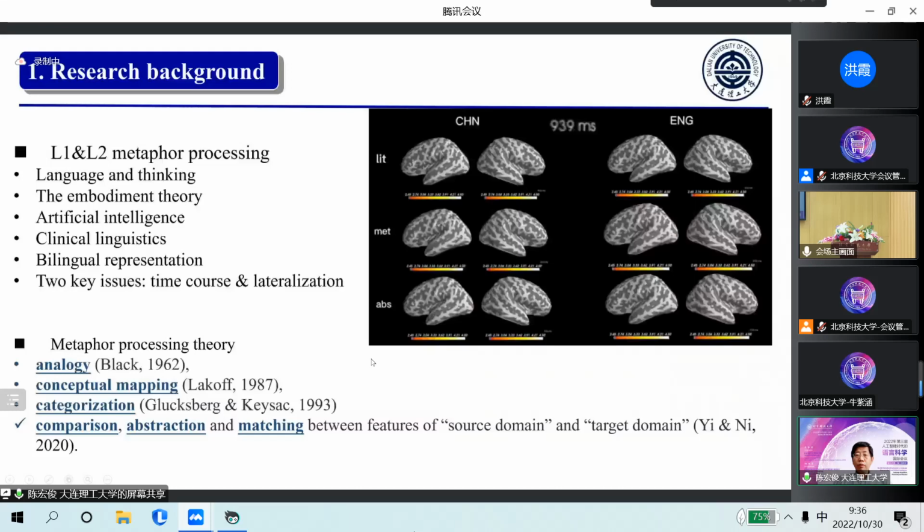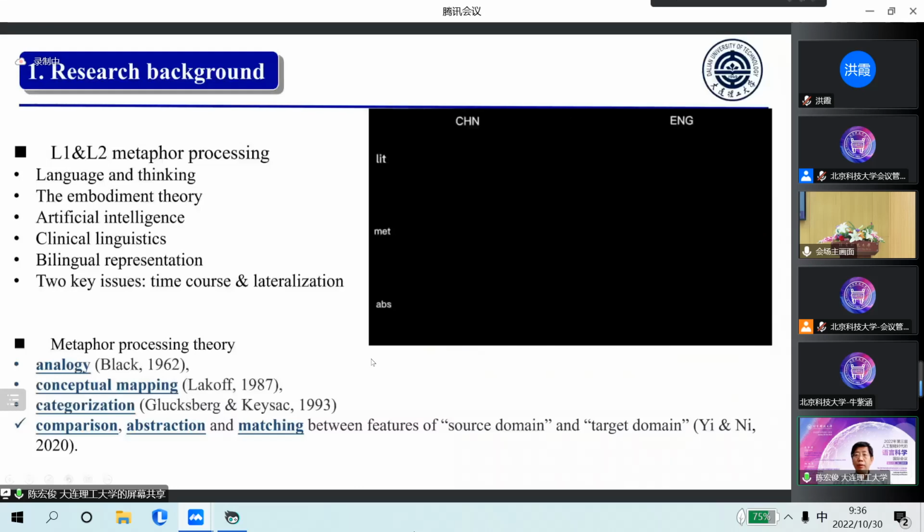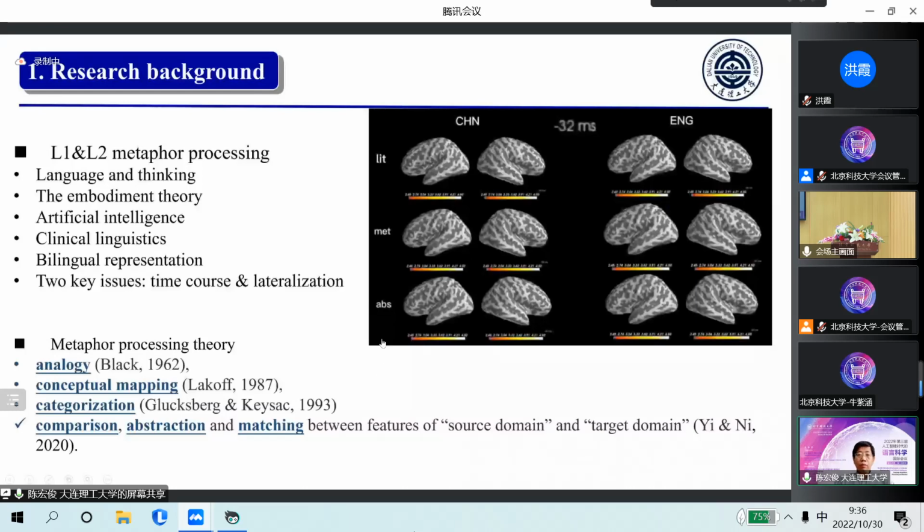Of course, this is still unpublished, and is going to be published this year. Addressing metaphor comprehension today, there are mostly two key issues that are still controversial.